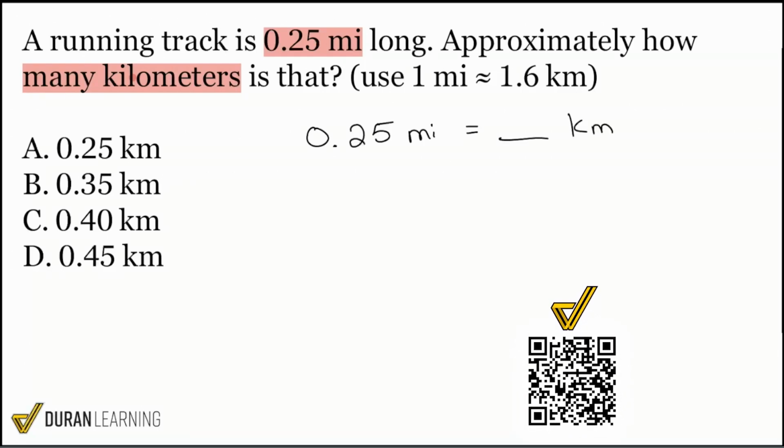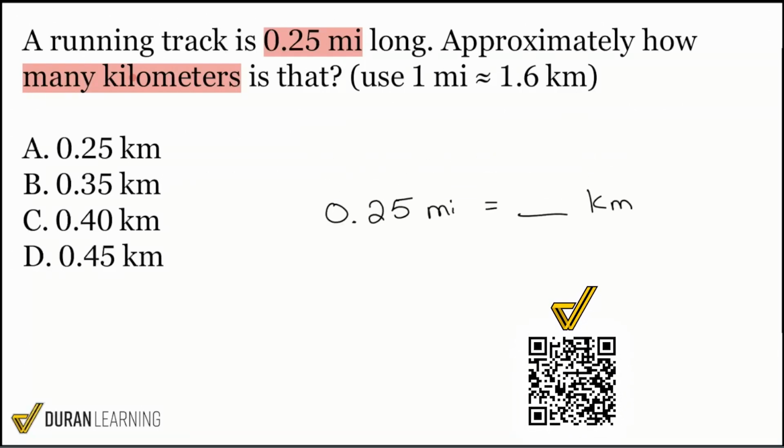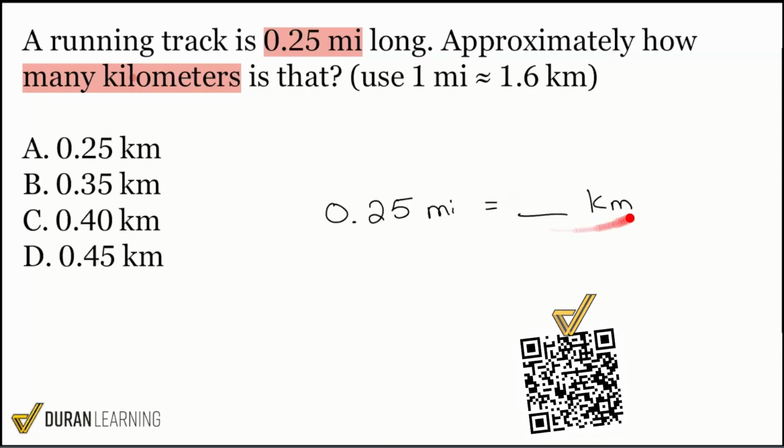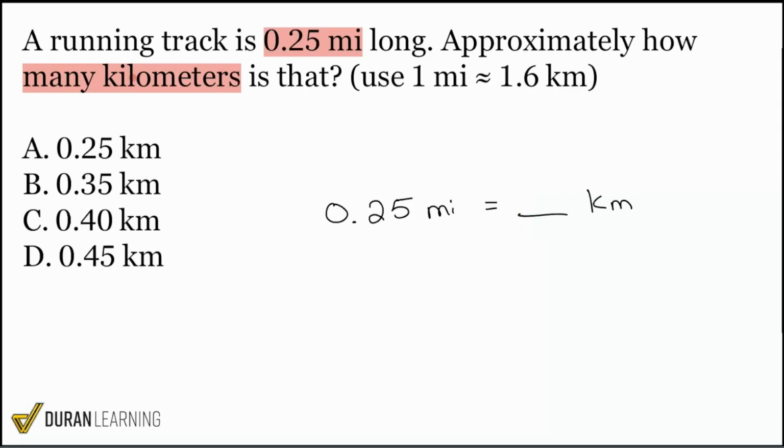Okay, cool. So based on our goal, trying to get to kilometers, what do you think we need to do? Multiply or divide, based on the rules that we've been discussing recently?